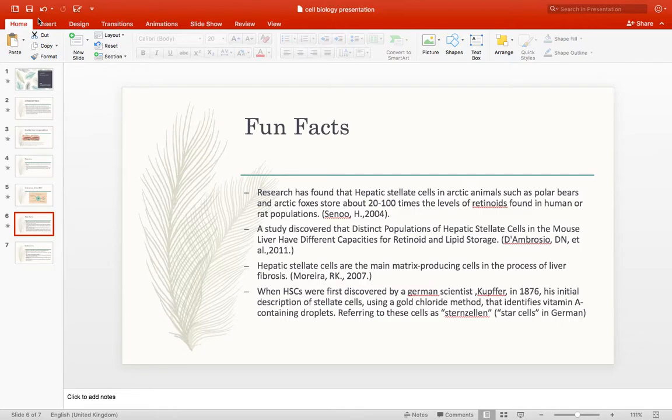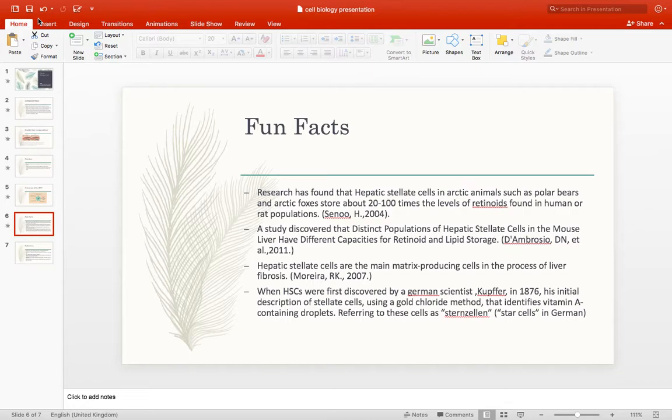HSC are the main matrix producing cells in the process of liver fibrosis, which was discussed in the activation of HSC. HSCs were first discovered by a German scientist, Kupffer, which, as you note in the diagram of the healthy and unhealthy liver, is why there actually is a cell called the Kupffer cell.